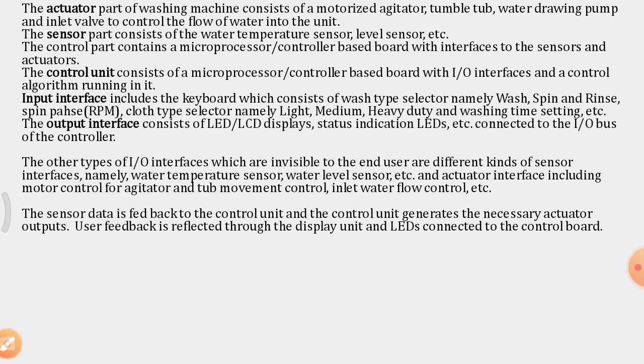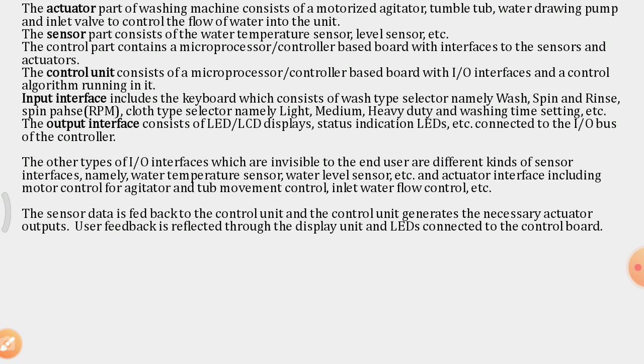This control unit also has input interfaces like a keyboard interface for taking inputs from the user, which consists of a wash type selector, namely wash, spin, and rinse, a spin phase setting like rotations per minute, a time setting that is also given by the input keyboard, a cloth type selector, namely light, medium, or heavy duty, and washing time settings, etc. So these are all input interfaces.